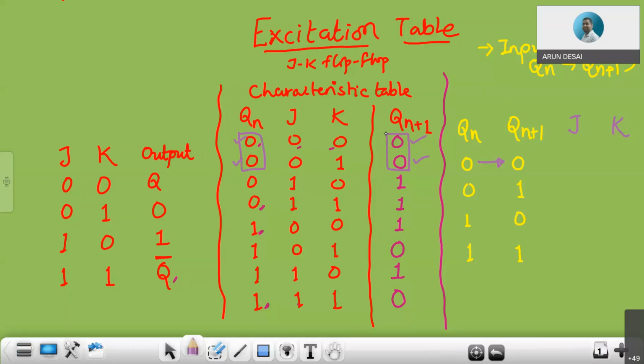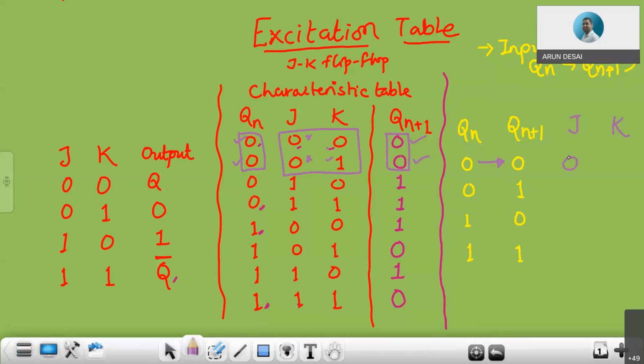Based on this, we need to find inputs, right? So those are my inputs. In that case, J is always 0, and K could be either 0 or 1. So basically, this type of current and next output depends on J's zero value, right?